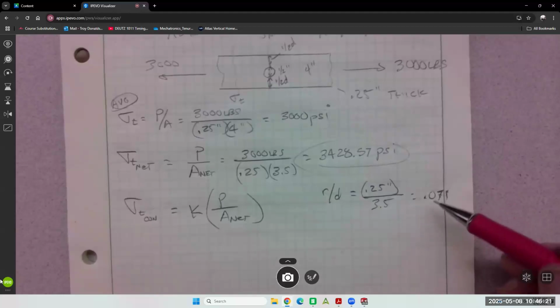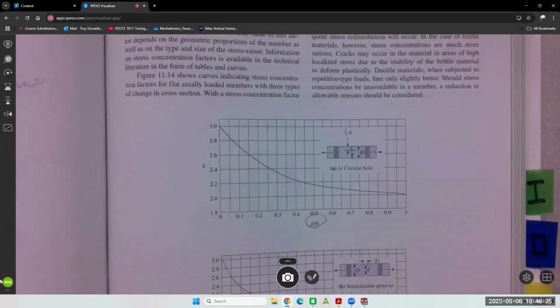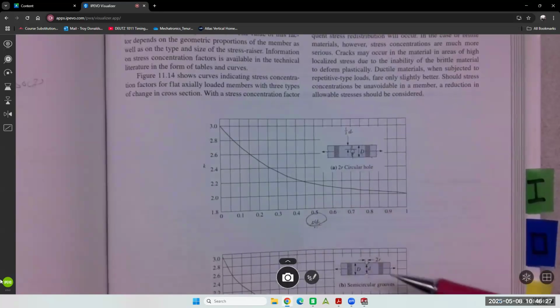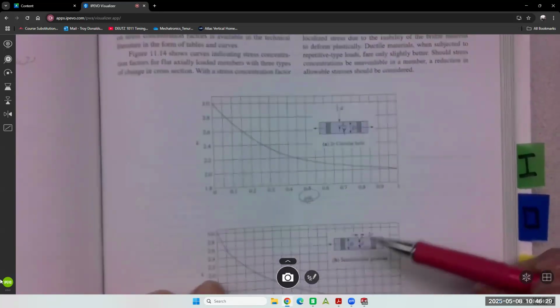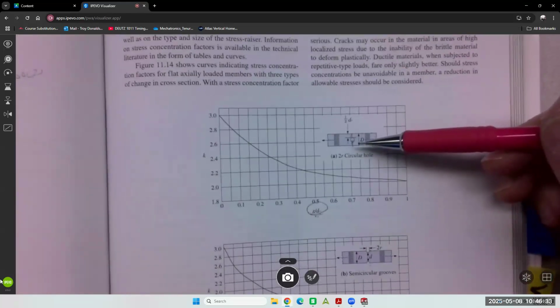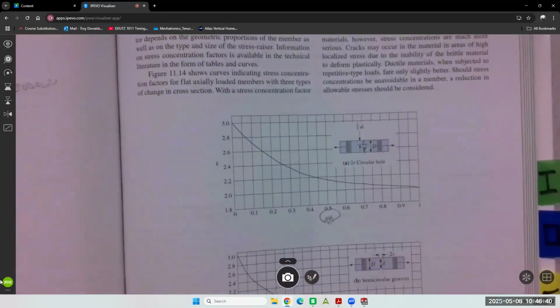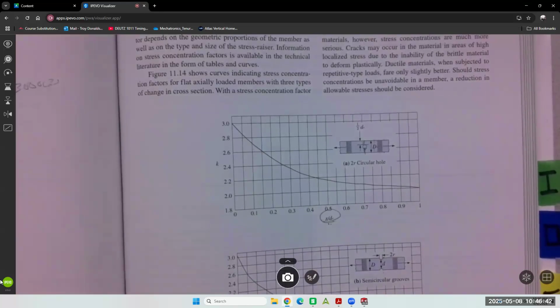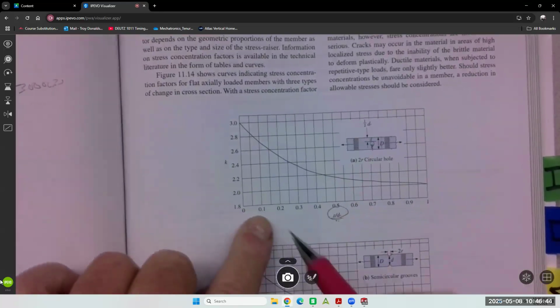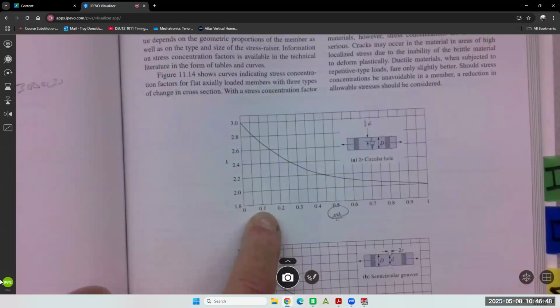We got to go to the correct graph, and that's the one that has the hole, not the semicircular groove one, right? So you got to go to the correct graph. And you got to find 0.071. So there's 0.1. So we're before 0.1, correct?